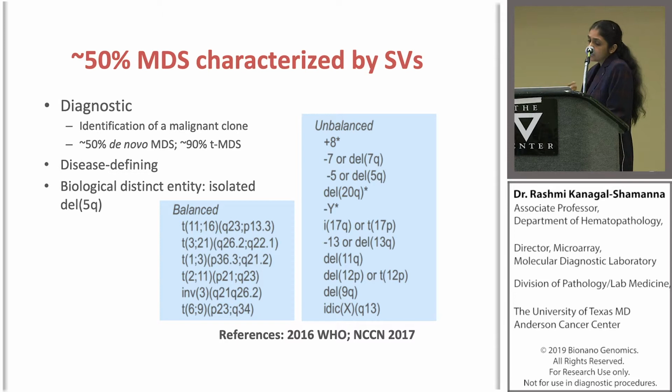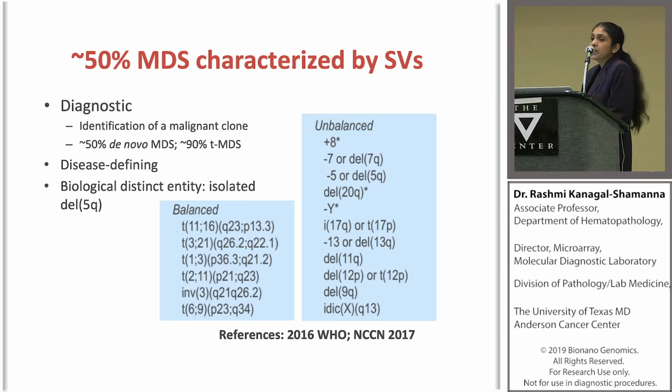The diagnosis of MDS, based on the World Health Organization guidelines right now, includes recognition of dysplasia. Based on the criteria, we need to identify dysplasia in at least 10% of cells in at least one of the cell lineages, either erythroid, granulocytic, or megakaryocytic.